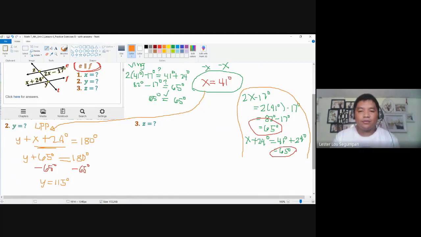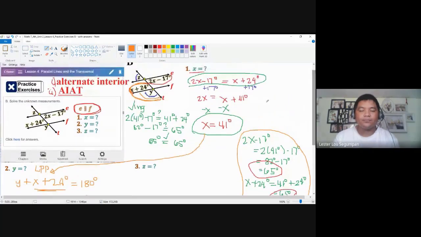As for number three, let us use the angles here so that we will not have many scribbles here. Look at the relationship between angle z and this angle here with the value of 2x minus 17 as its measurement.